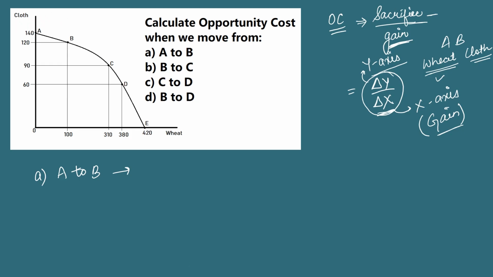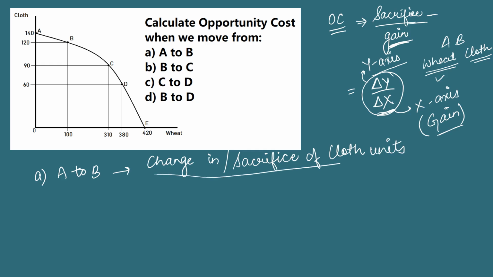So when we write this formula, we will say change in, or sacrifice of, cloth units, how many units we have sacrificed, and gain in wheat production.